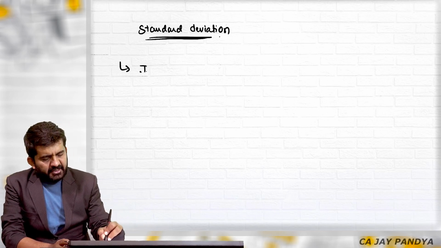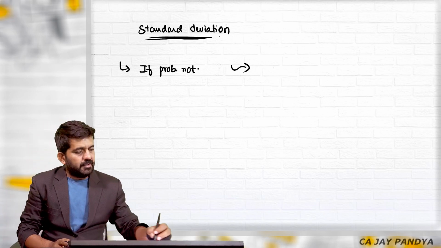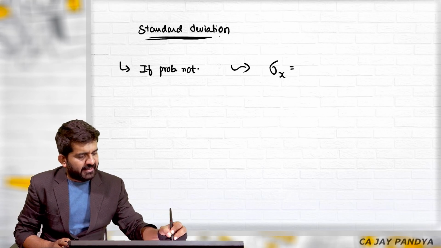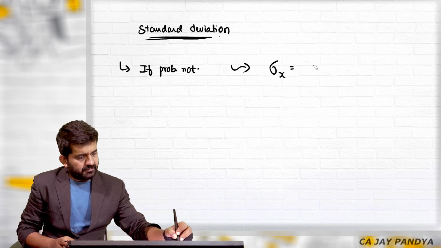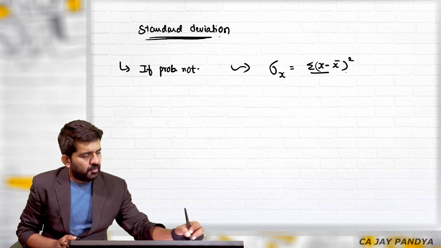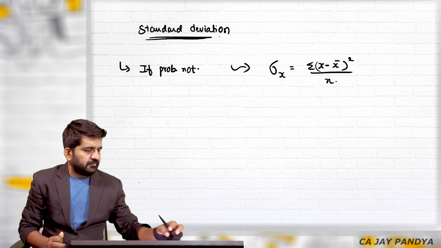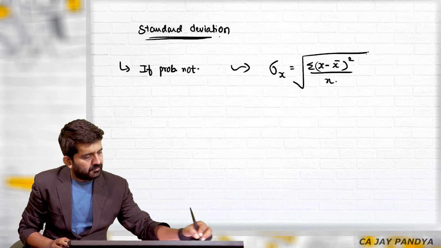If probability is not there, standard deviation of x can be found out by sigma x minus x bar whole square upon n, under root.